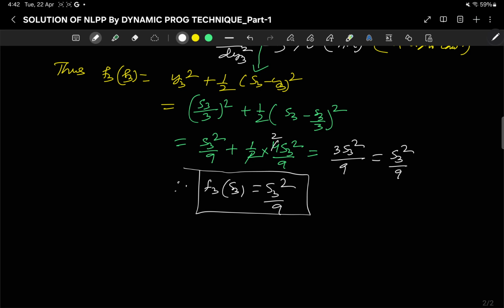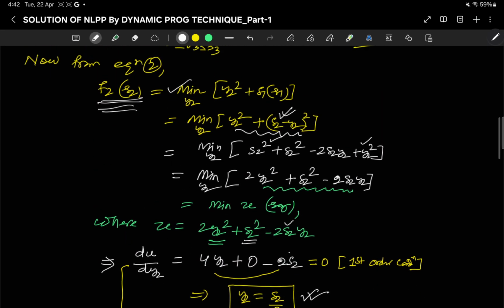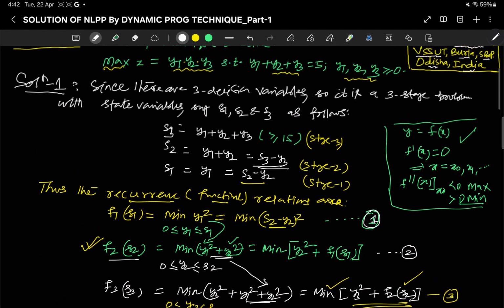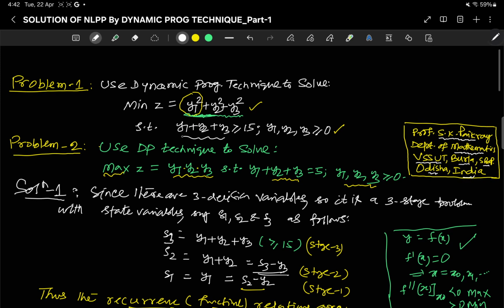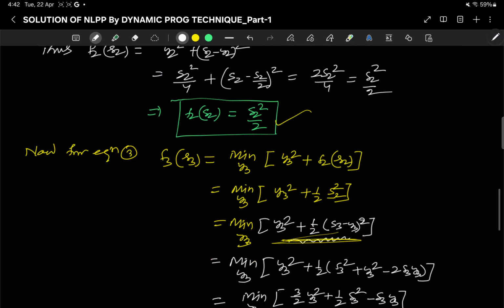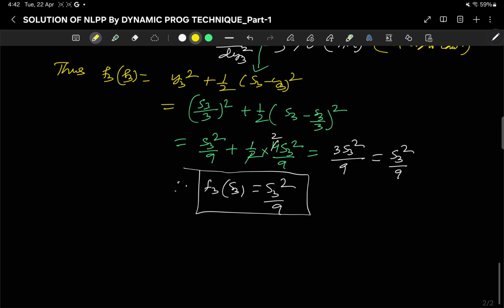Moreover, as per the given condition, y1 plus y2 plus y3 is greater than or equal to 15. So y1 plus y2 plus y3 is s3, and s3 is greater than or equal to 15.